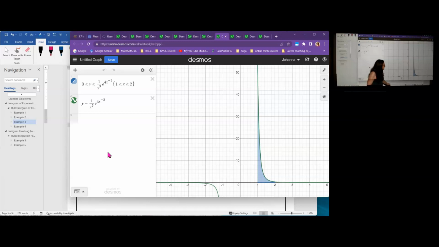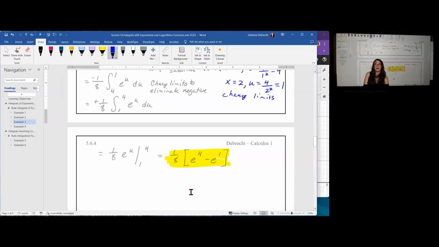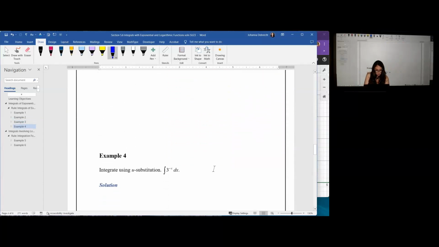And you can see that I've shaded in the region between 1 and 2. Now, it's a really tall, narrow object here, but the area that I got is 1/8 times e to the 4th minus e. We have one more example that I want to work, and then we'll look at logarithms.